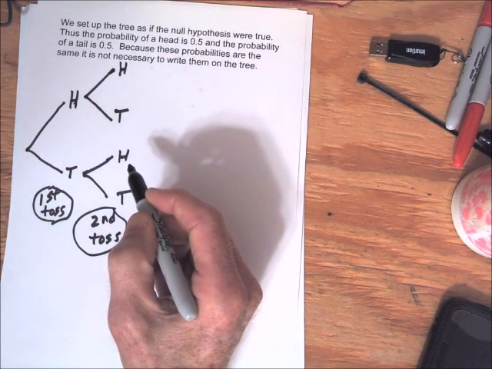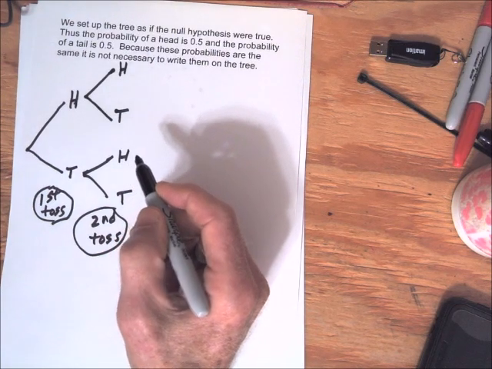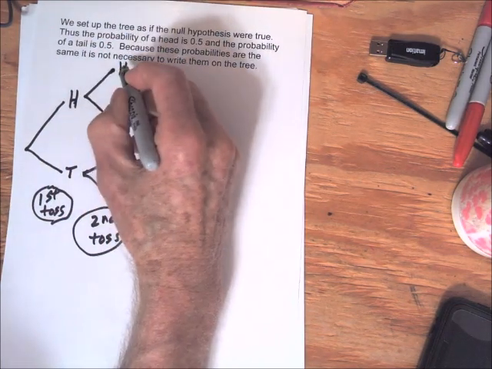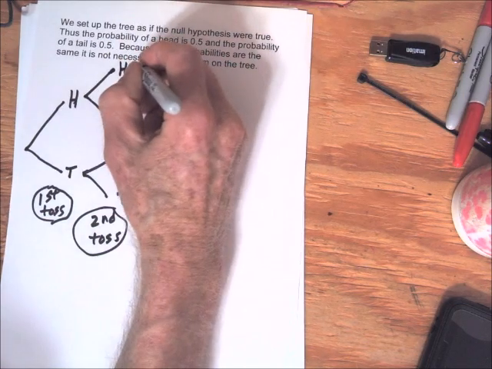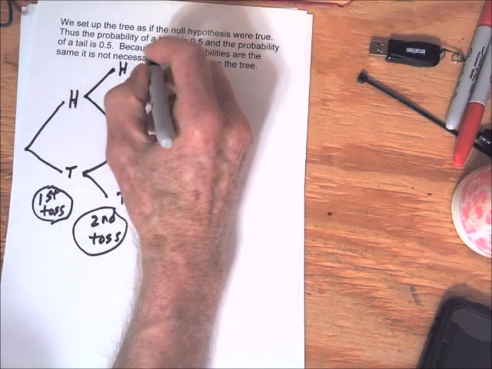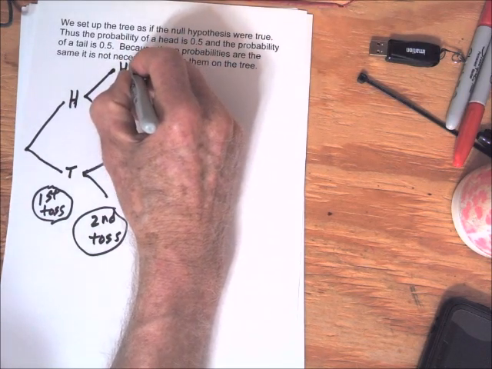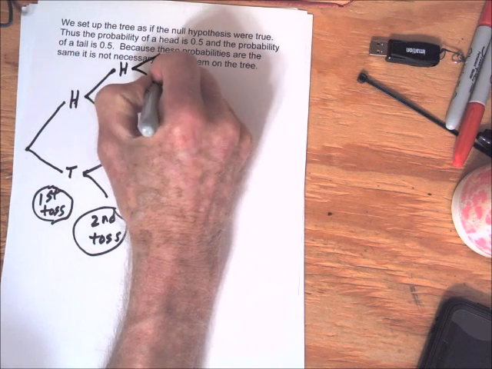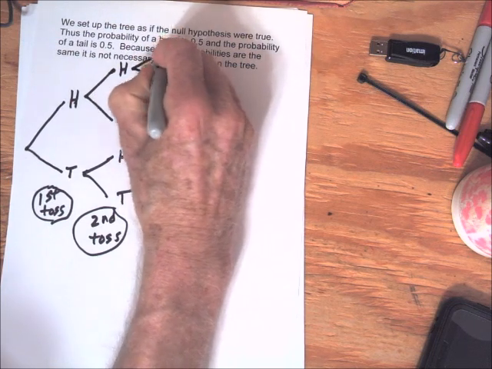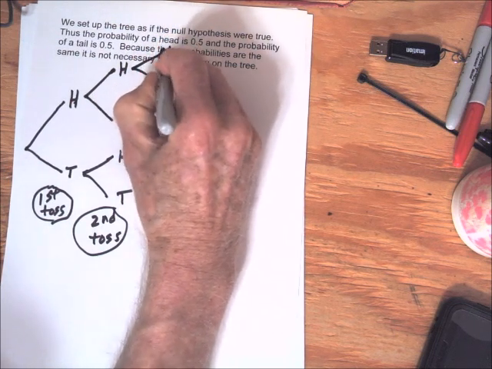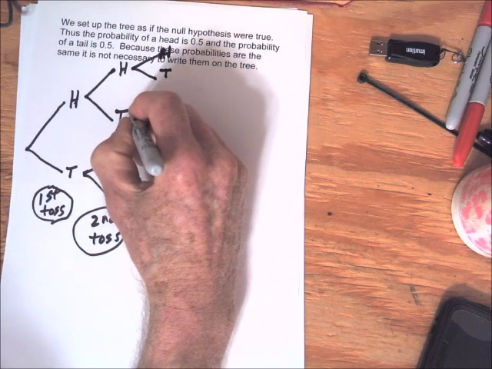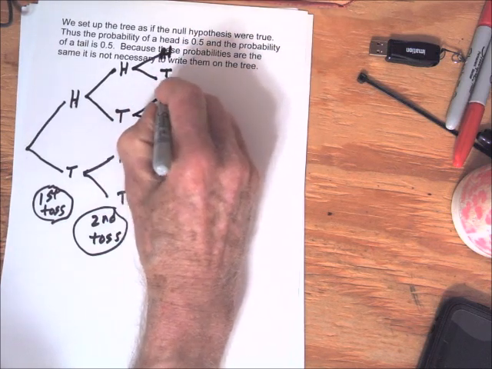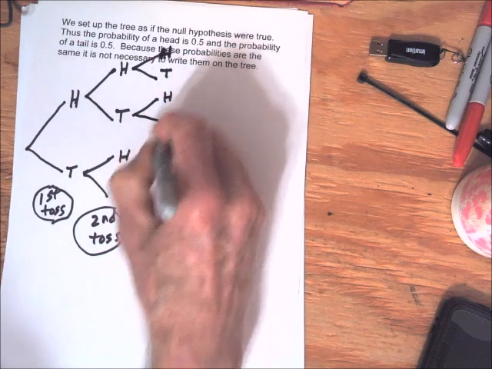Okay, so third toss, again, either head or tail. I'm kind of running out of space here. And that'll give us 8 possible outcomes.